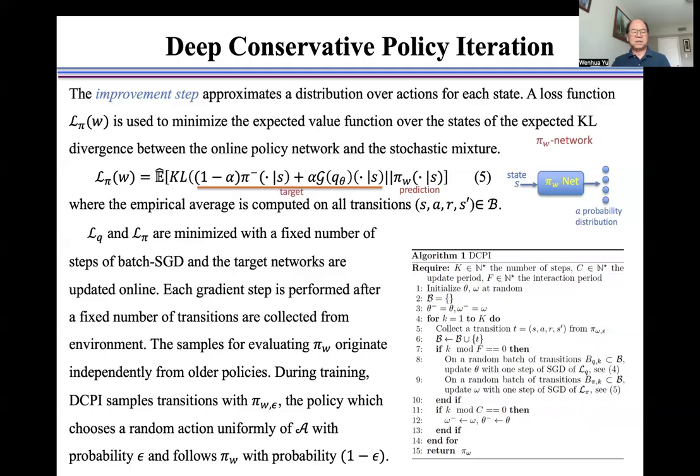During training, DCPI samples transitions with pi w epsilon, the policy which chooses a random action uniformly from A with probability epsilon and follows pi w with probability 1 minus epsilon. The pseudocode of the DCPI method is shown here.